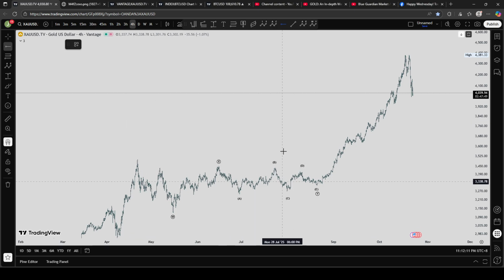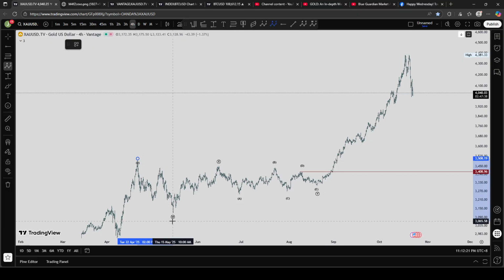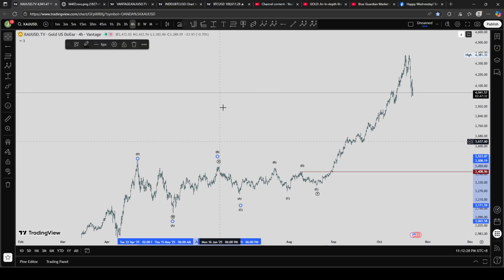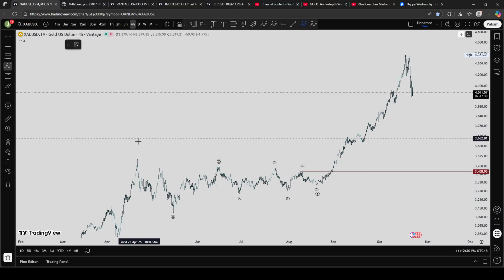I will only consider this as an entire triangle. When I say an entire triangle, I'm referring to this one. If I'm going to take this as an entire triangle, A, B, C, D, sorry, it should be this one.